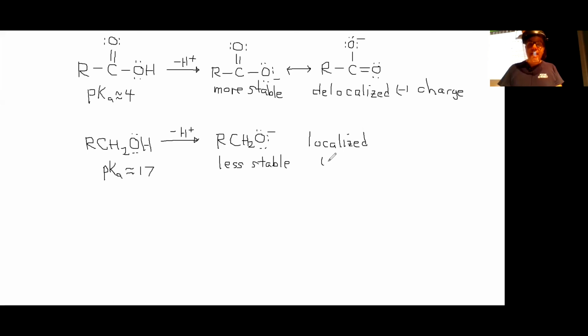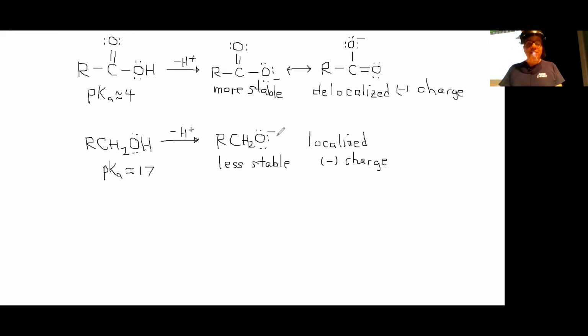Now, that being said, in all fairness, if you're going to put a minus charge on an atom, oxygen is one of your best choices to do that with, because oxygen's extremely electronegative. So we're certainly better off putting that minus charge on an oxygen than, say, on a nitrogen or a carbon.